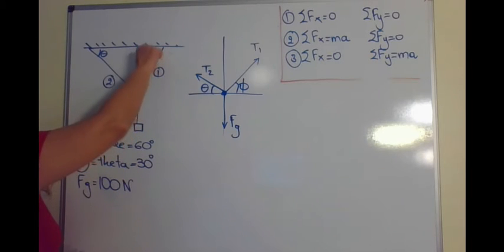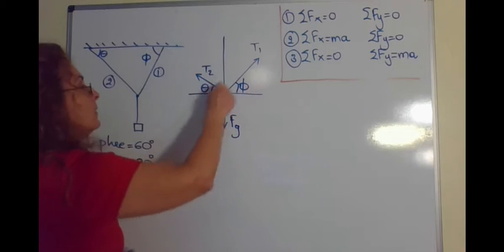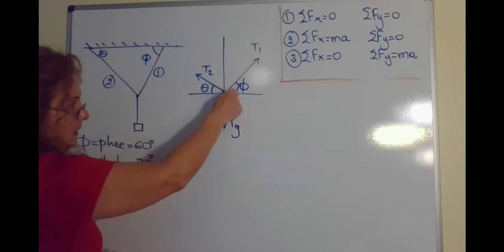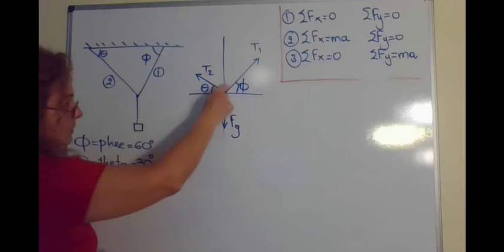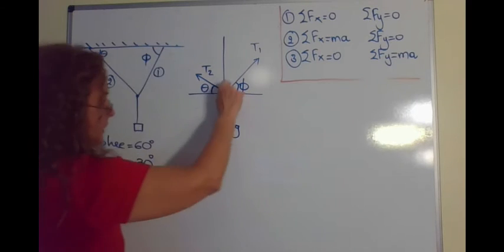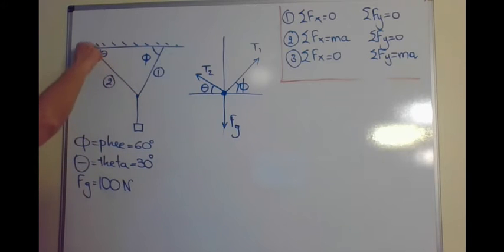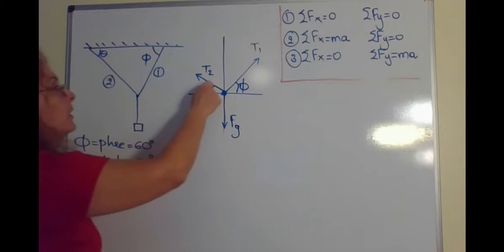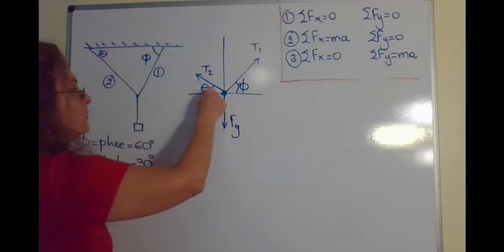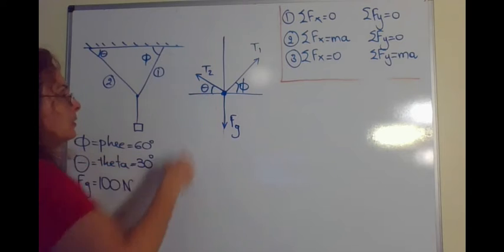Now, what about the angles? You can see that the angle here is with a horizontal. That means that the angle that we know between the rope and the horizontal will be the same between the tension and the horizontal.